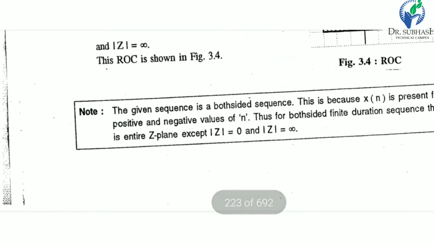Note down that the given sequence is a both sided sequence. This is because x of n is present for both positive and negative values of n. Thus for a both sided finite duration sequence, the ROC is the entire z plane except mod z equal to 0 and mod z equal to infinity.